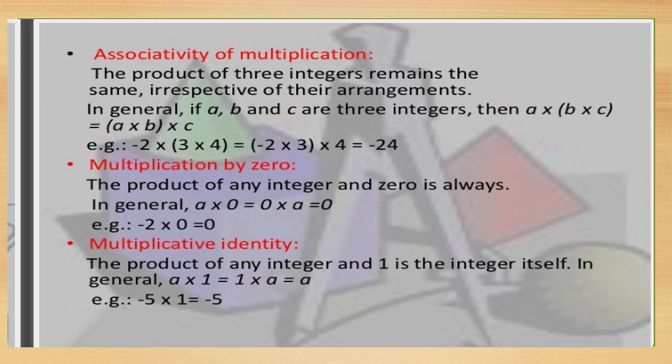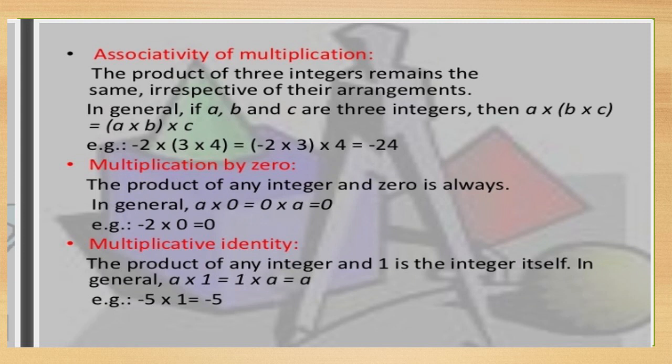Let's take an example with three integers minus 2, 3 and 4. 3 and 4 are first multiplied. 3 into 4 is 12. 12 into minus 2 is minus 24. While if we first multiply minus 2 and 3, we get minus 6. Minus 6 into 4 is minus 24. So we see that LHS and RHS are the same. So we say that it holds associative law.